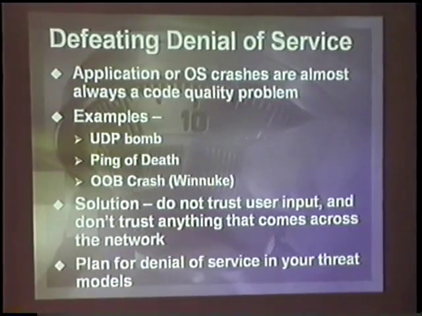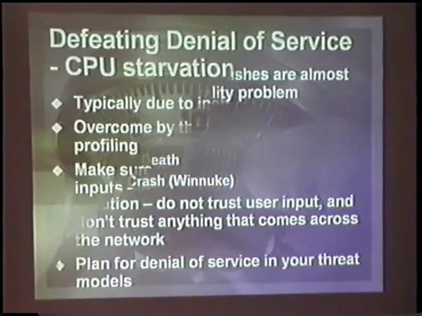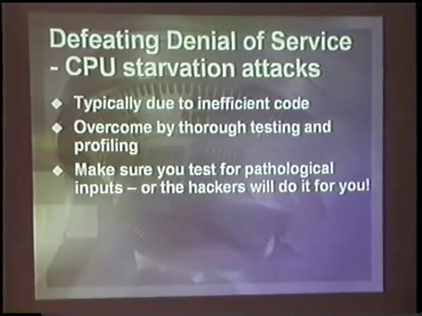There are several types of denial of service. There's crashes. It's almost always a code quality problem that causes crashes, trusting user input, et cetera. There's CPU starvation attacks. These are a little bit harder to figure out, and it's typically due to inefficient code.